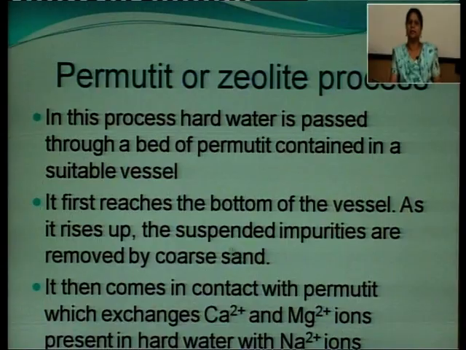As it rises, the suspended impurities are removed by coarse sand, and when it passes through permutit, the calcium and the magnesium ions which are present in hard water and are responsible for the hardness of water are exchanged with sodium ions. Sorry, here it should be Na positive, not Na2 positive. It is Na1 positive only, a univalent ion.